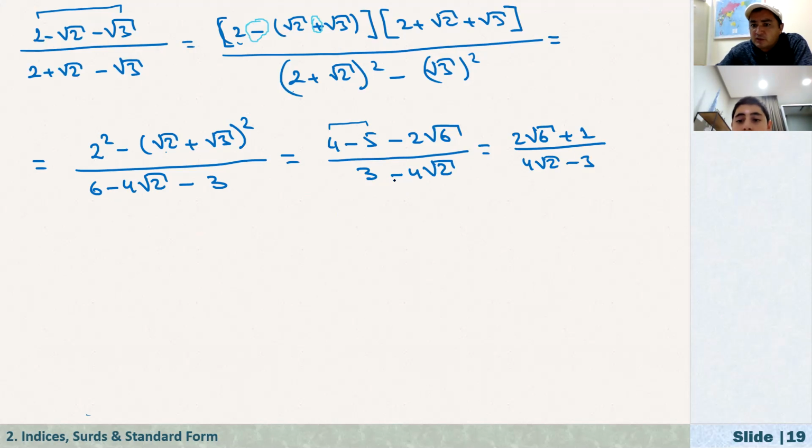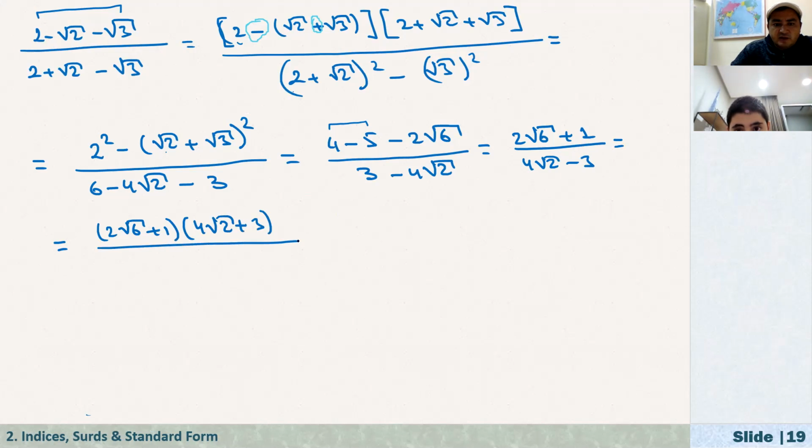Also without this, you can do this, but I just don't want to get confused. Now, here, if you multiply numerator and denominator by 2 square root of 6 plus 1, 4 square root of 2 plus 3, here we have 4 square root of 2 squared minus 3 squared.